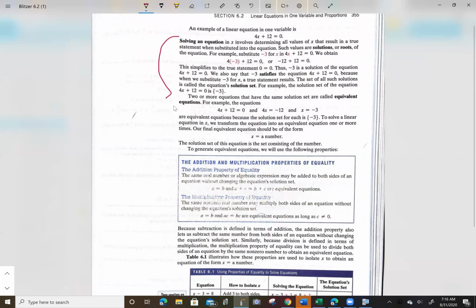What you do to one side, you do to the other. When you are trying to isolate the variable, we are going to be doing PEMDAS, except backwards. So I think we did PEMDAS last chapter.